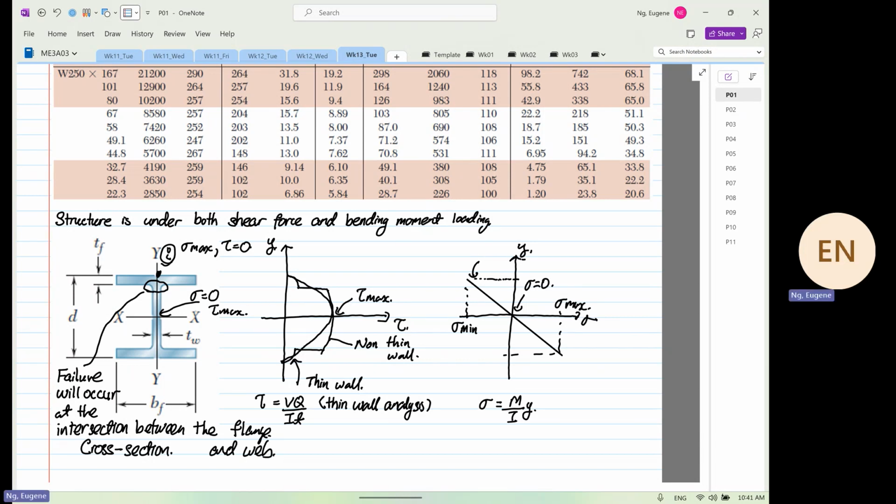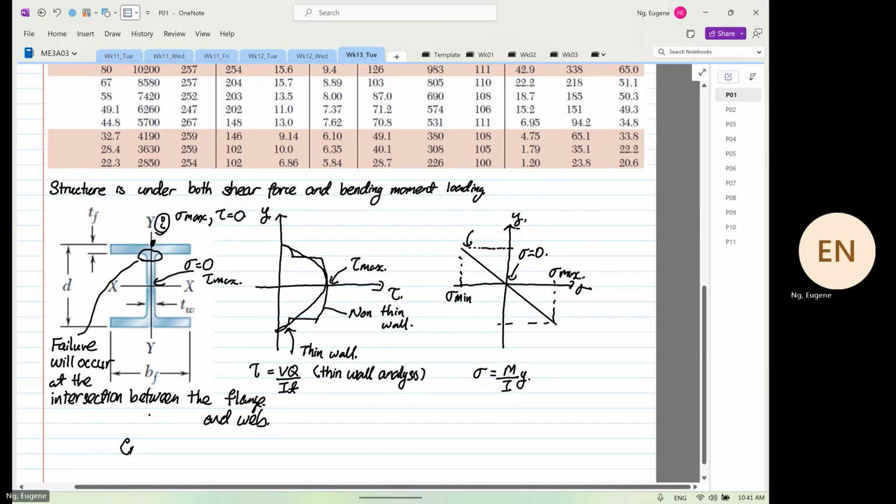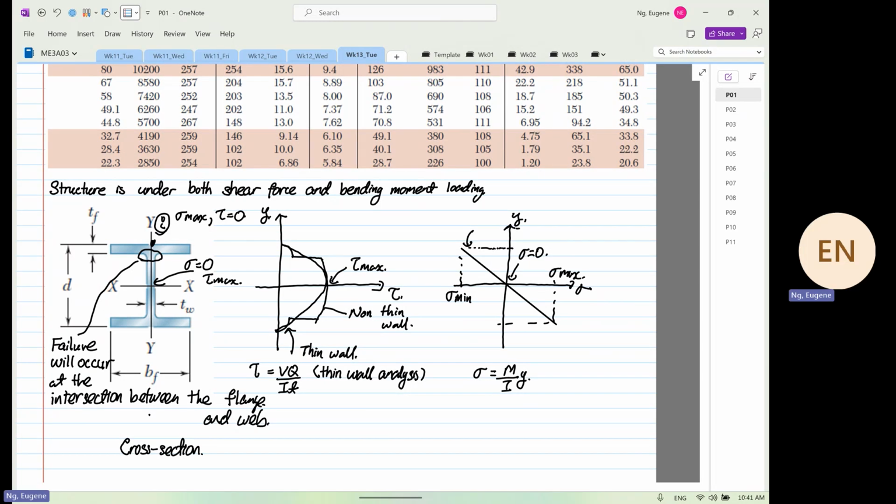And where? Are we clear? Failure will occur in the intersection between the flange and web. Can someone tell me why?